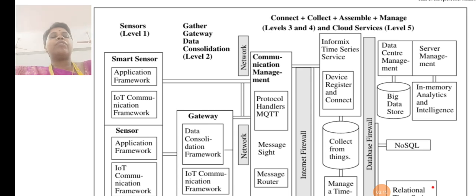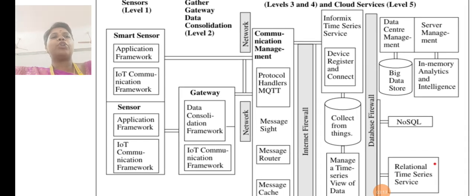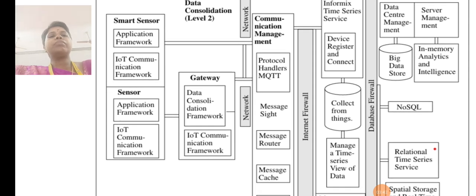There we have the communication management module. Here it will manage the received information, that is, what information is sensed by the sensors will be communicated to the communication management, and it will manage the information and prioritize which information needs to be sent first.